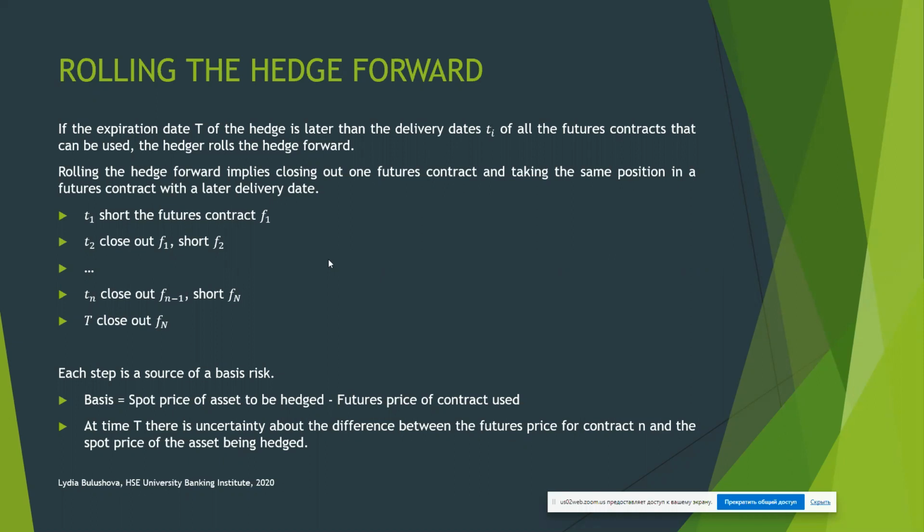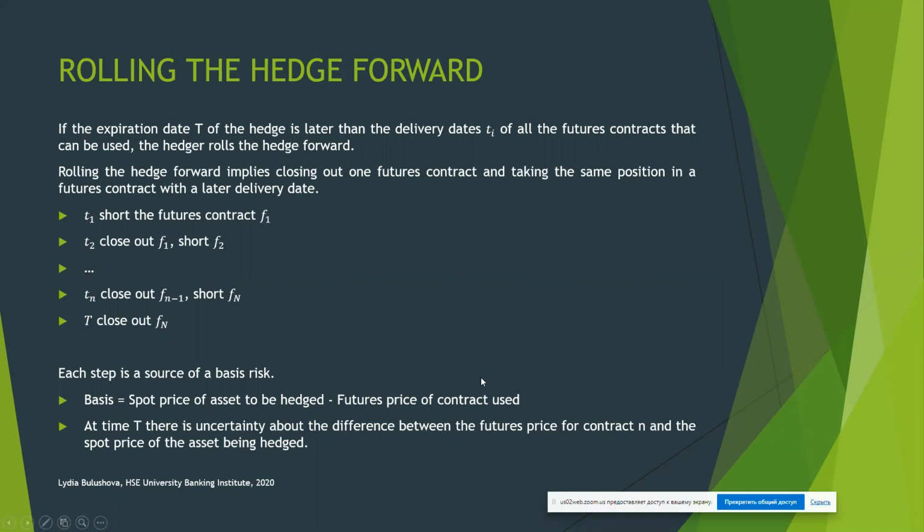So rolling the hedge as a hedging strategy means closing one futures contract and taking the same position in a futures contract with a later delivery date. The algorithm is described here.